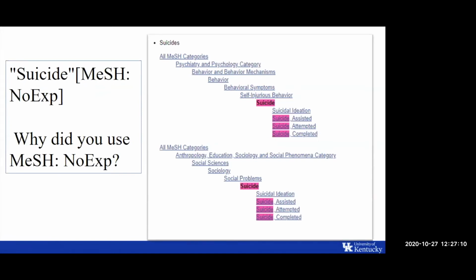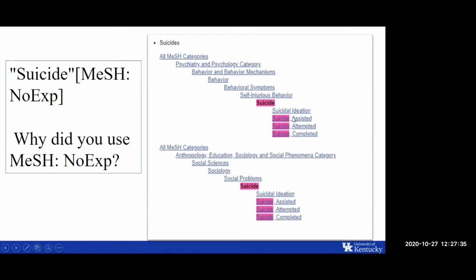And so then suicide MeSH no explosion. Why did we use the MeSH no explosion? This is the MeSH tree for suicide. We have suicide, and underneath the tree, which is all these indented terms: suicidal ideation, suicide attempt, assisted suicide, suicide attempted, and suicide completed.